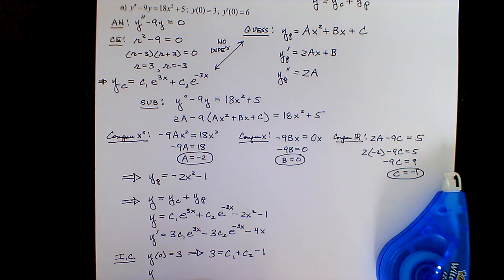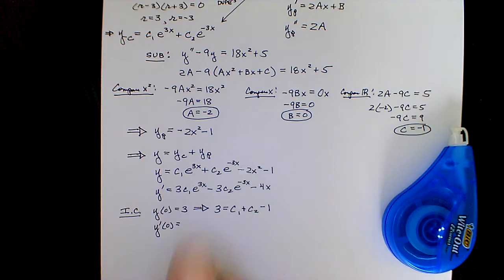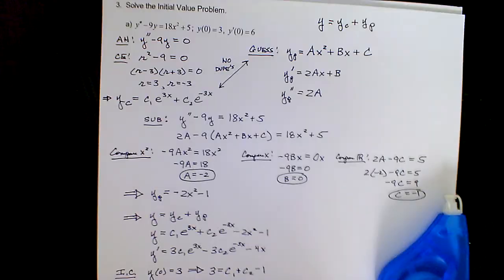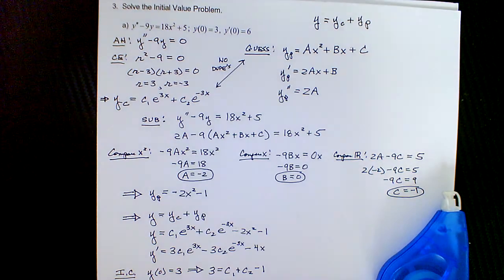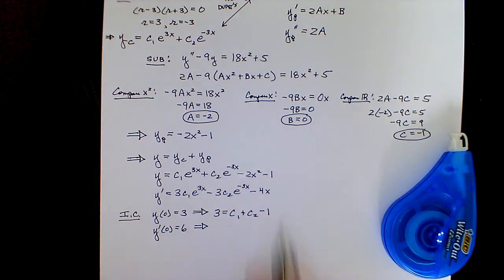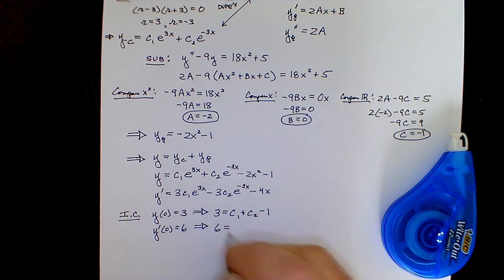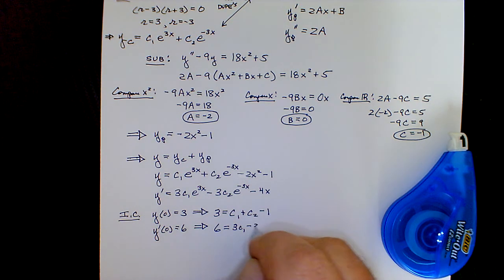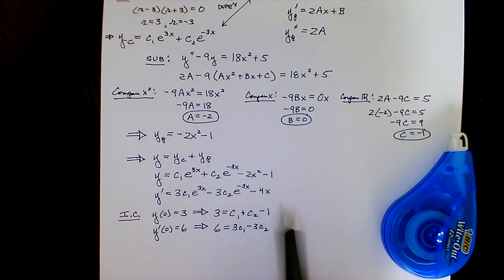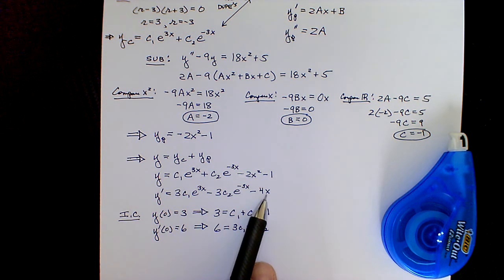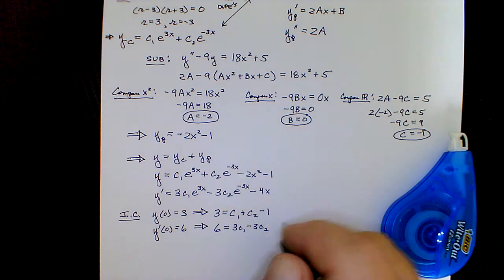And now for y prime of 0, that was 6. Again, the initial conditions are up here. And so therefore 6 equals, looks like 3c1 minus 3c2, because the 0 in for x here gives us a 0.